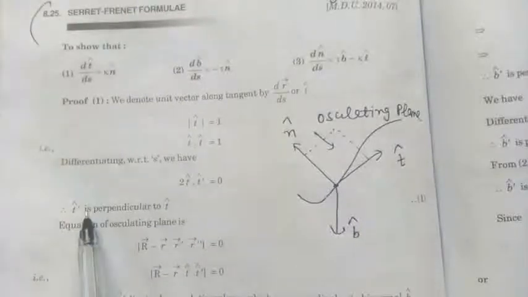Now we are to also prove that the vector t cap dash is perpendicular to the vector b cap. So in order to prove that, let us use the equation of oscillating plane. Now as you already studied, the equation of oscillating plane is given by the scalar triple product of the vectors R minus r, vector r dash and vector r double dash is equal to 0.